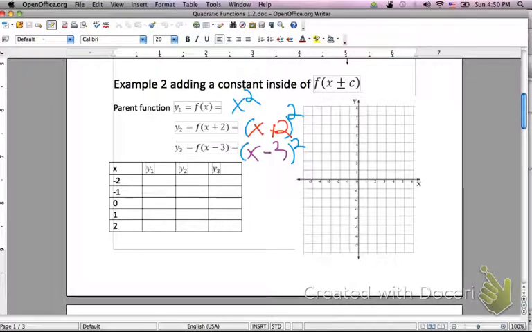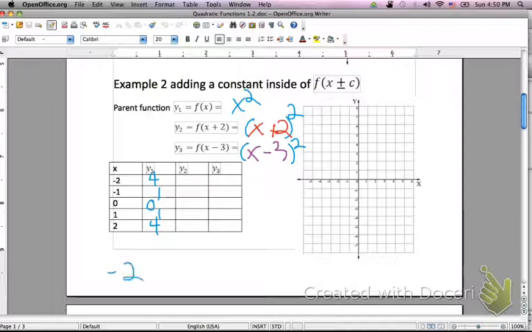So if I substitute a negative 2 in for x, negative 2 times negative 2 is 4. We've already made a table, so let's just do this quickly. 1, 0, 1, and 4. Okay, and then I want to take my values and I'm going to add the 2 first.